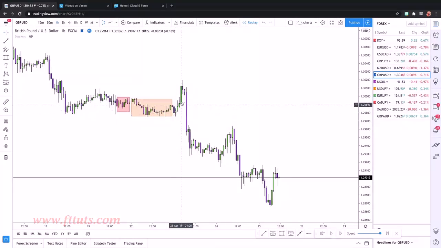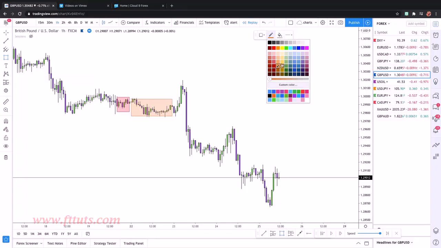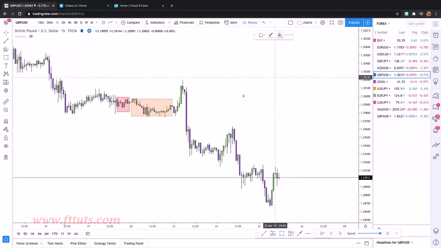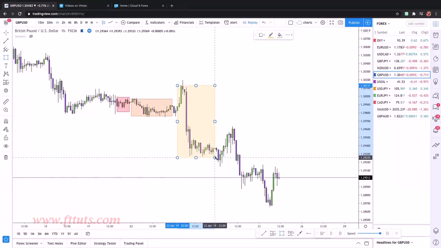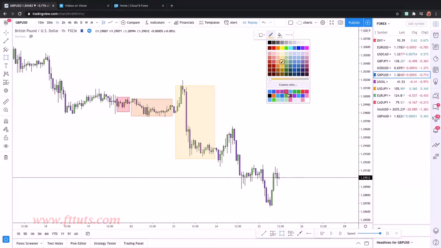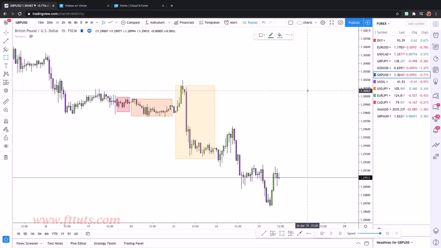The 22nd, Monday, and then in comes Tuesday. Monday we close, then Tuesday we push up, and then move all the way down. Here's where Tuesday ends. Then we have Wednesday. I'm outlining this for you guys so that you can see exactly how the market's moving on certain days.